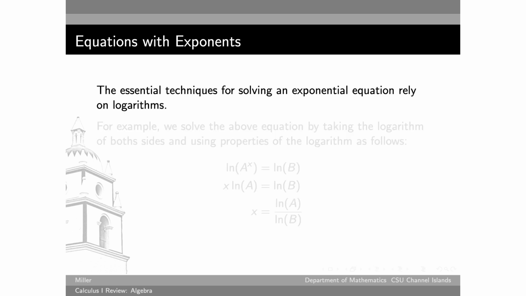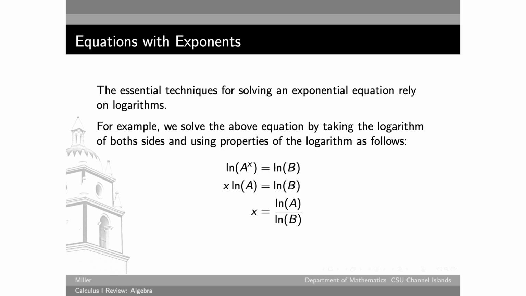The essential techniques for solving an exponential equation rely on logarithms. For example, we solve the above equation by taking the logarithm of both sides and using properties of the logarithm as follows. You can see we end up with x equals the natural log of a over the natural log of b.